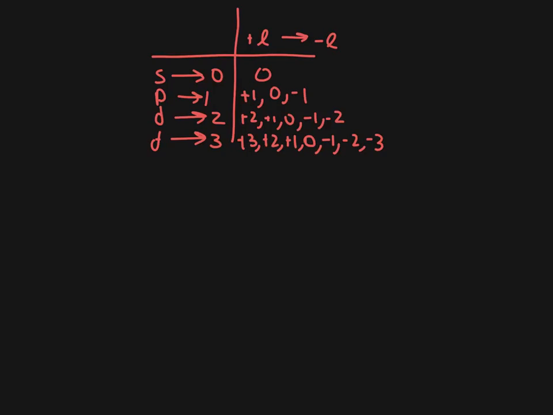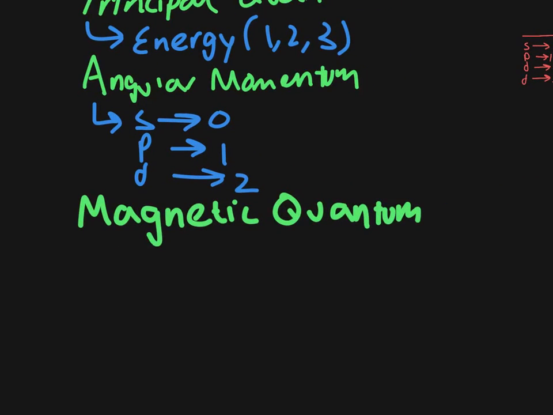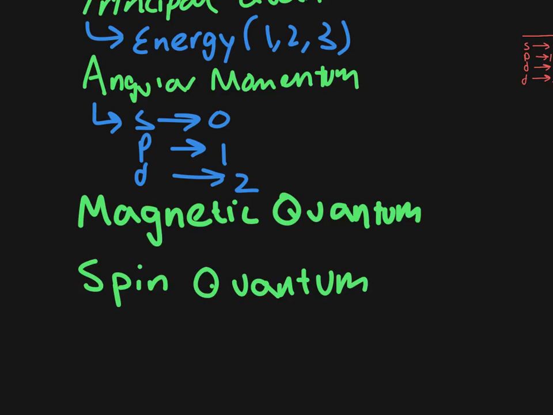I have to mention the last quantum number actually. Sorry, mea culpa. Our last quantum number is the spin quantum number. So this is as specific as we can get. This is just saying, what's its spin?